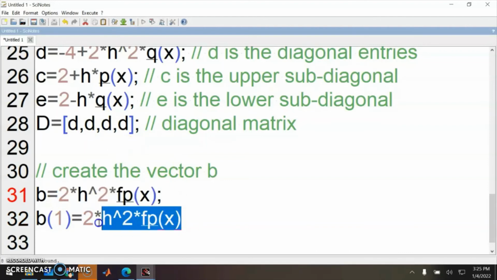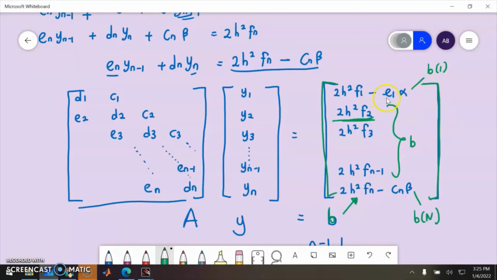So I can actually do b minus e, my first element e, times alpha. Is it E or C? I have to check again. I think it should be C, correct? Oh yeah, it should be E. So minus E times alpha.